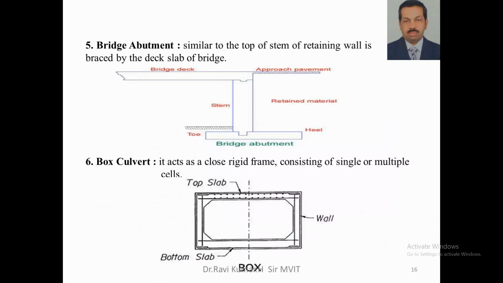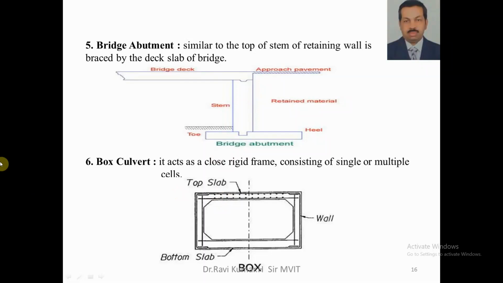In a similar way, if I connect the top of the stem to the deck slab like this, combined, framed, then this is called a bridge abutment. So when this is connected by a bridge deck to a stem, it is called a bridge abutment. But this is not designed like a fixed joint. This is a hinged joint here.